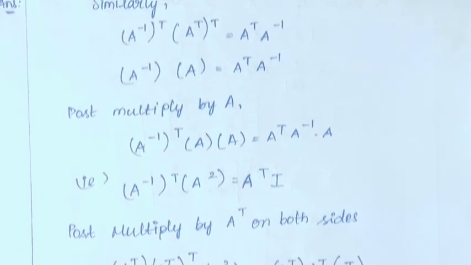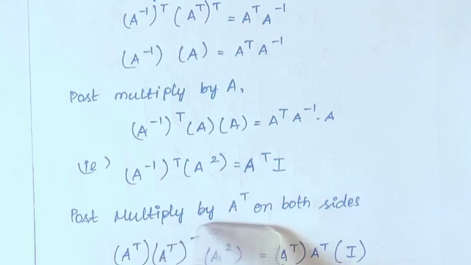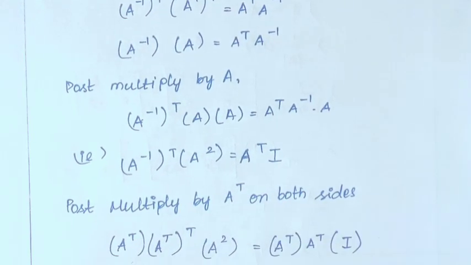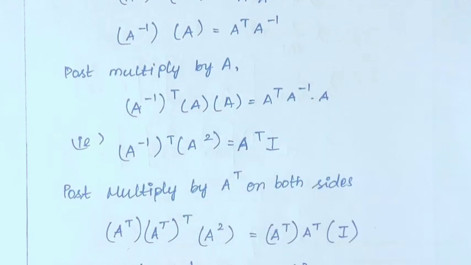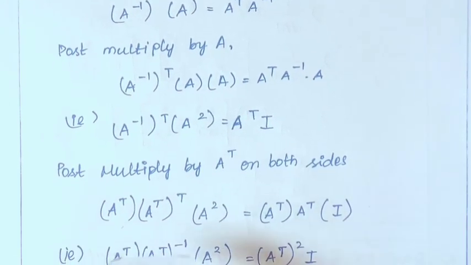Next, what we have to do is post multiply by A^T on both sides. How we multiplied A on both sides, like that we have to multiply A^T on both sides.